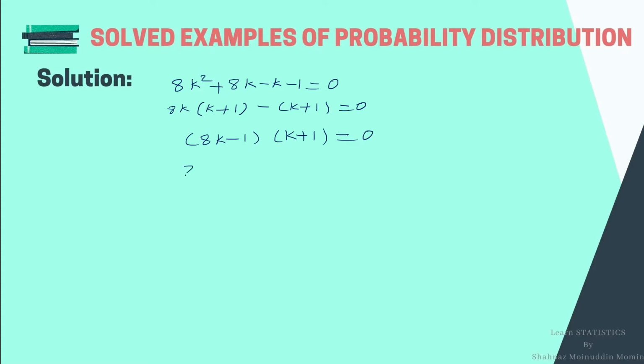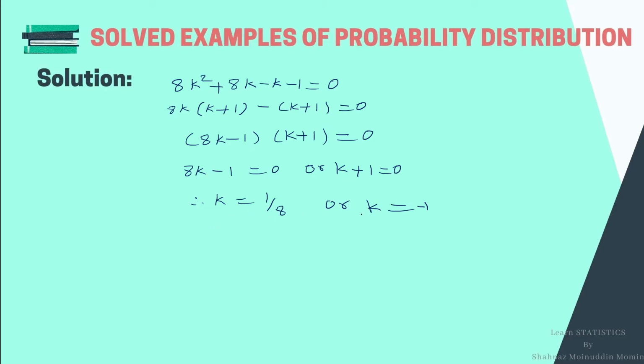Hence 8k minus 1 equal to 0 or k plus 1 is equal to 0. Therefore k equal to 1 upon 8 or k equal to minus 1. We get the two values of k.